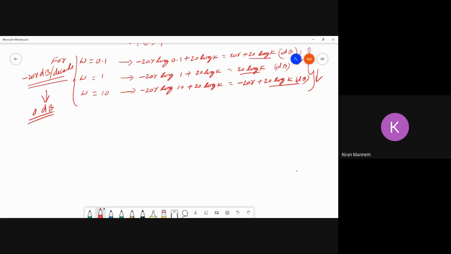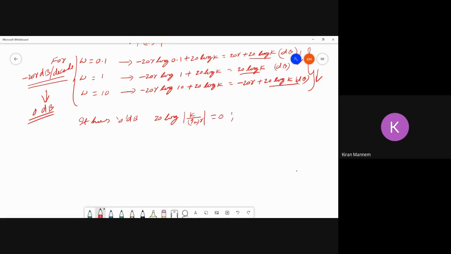That is when 20 log magnitude of k by j omega whole to the power of r must be equal to 0.